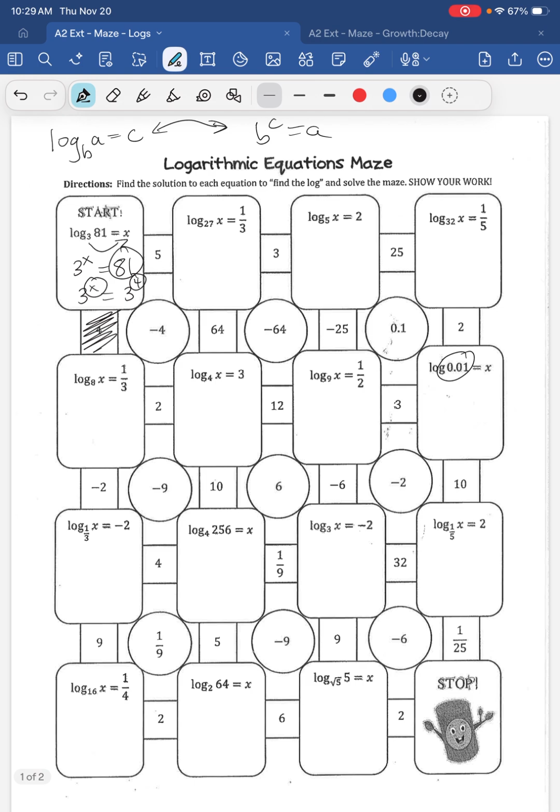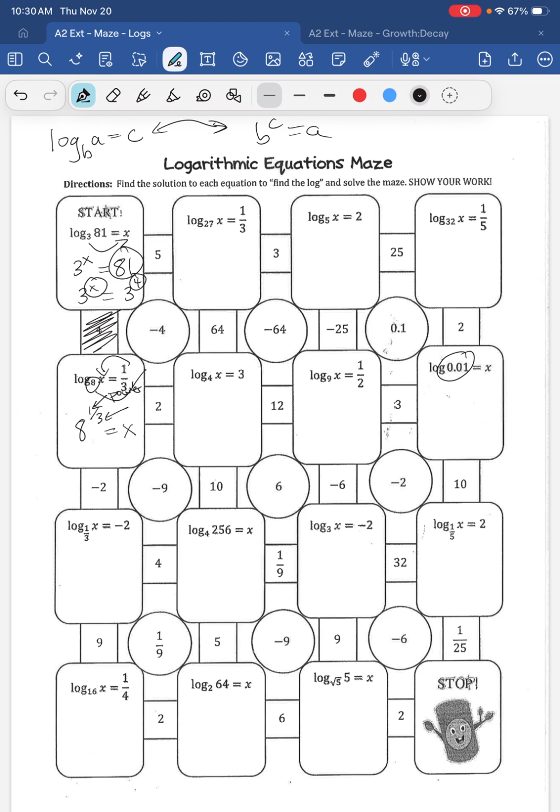Let's do one more because I want to remind you about rational exponents. So I'm going to rewrite this as 8 to the 1/3 power equals x, right? That circle idea that people were talking about. Remember, in an exponent, the numerator is the power, so first power doesn't do much for us.